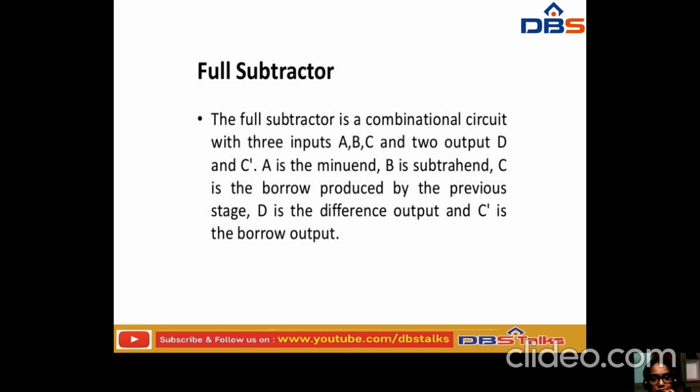A full subtractor is a combinational circuit with 3 inputs. In the half subtractor we are having 2 inputs. In the full subtractor we are having the 3 inputs and the 2 outputs, D and C. What are the inputs that we are having here?